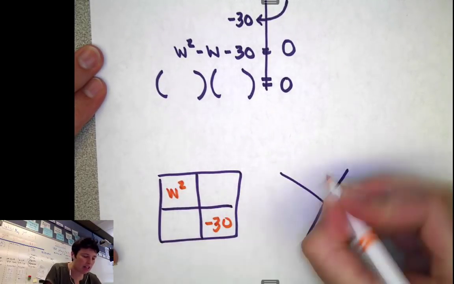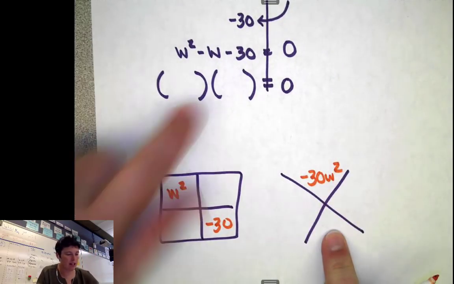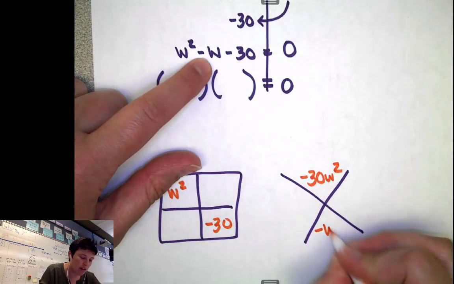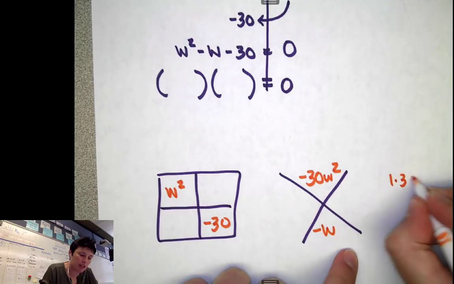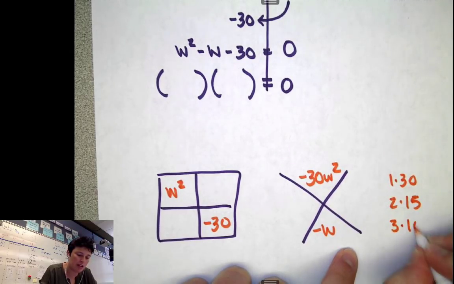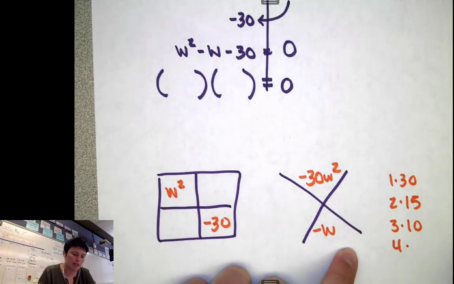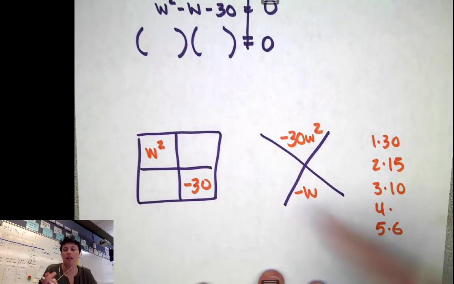I'm going to multiply that to negative 30 W squared. In the bottom, I guess I'll have to put this minus W. And I'm multiplying to 30, so 1 times 30, 2 times 15, 3 times 10, 4 times, 5 times 6. Okay, so I got a lot of options here, but I need a negative 30 and a negative W.